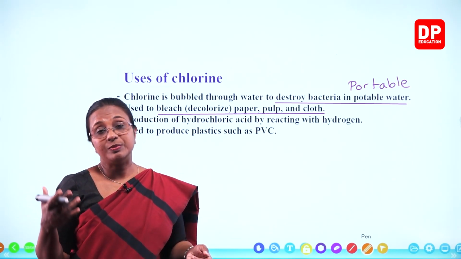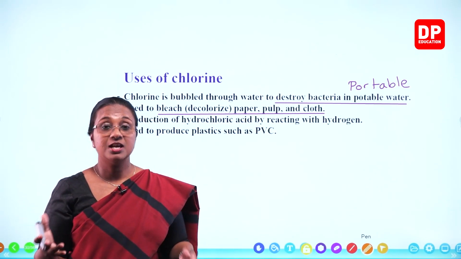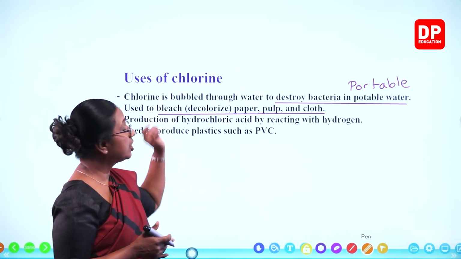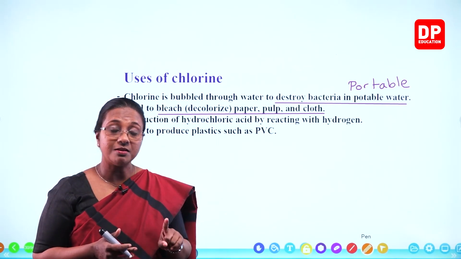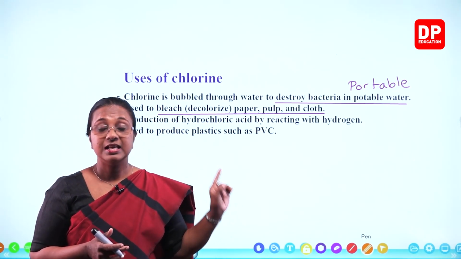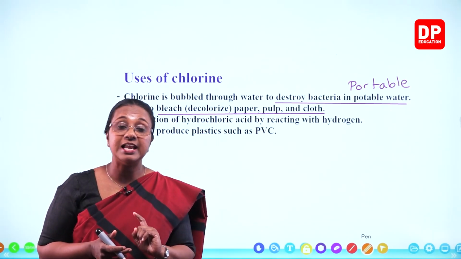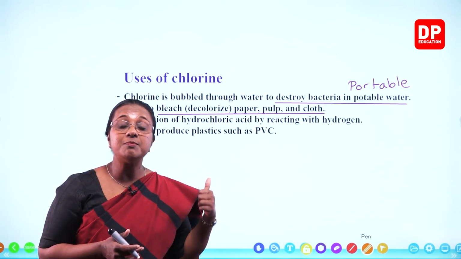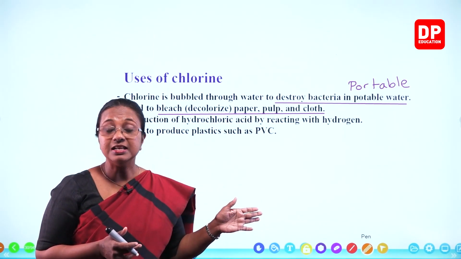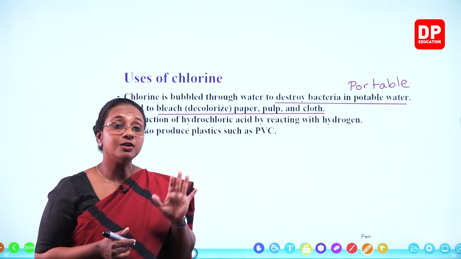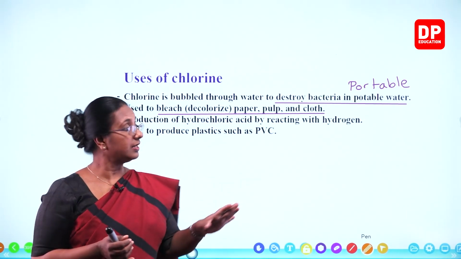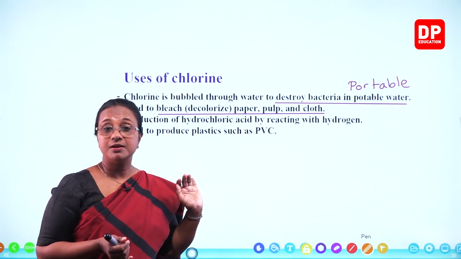So, then it has to be bleached or decolorized. So, for all those, we use chlorine gas. So, you can remember chlorine is a byproduct. It is the byproduct near the anode, that is the positive electrode. Here it is the graphite positive anode in the Downs cell. So, there chlorine gas evolves as the byproduct and that can be used for different purposes.